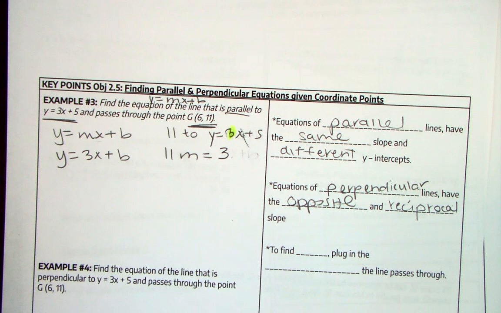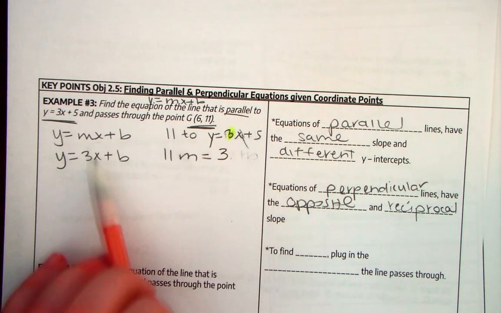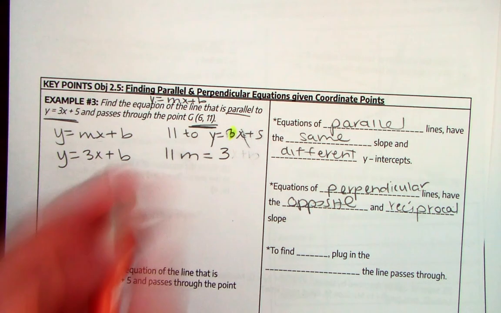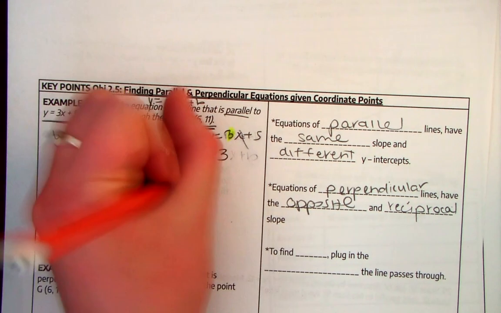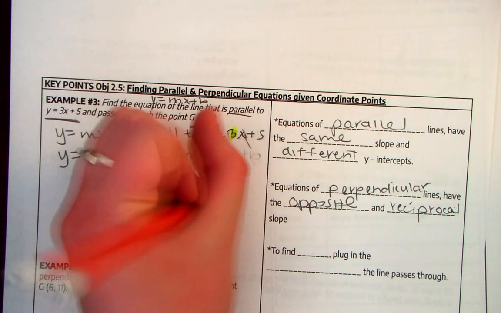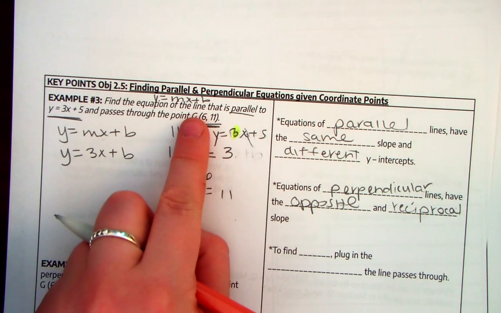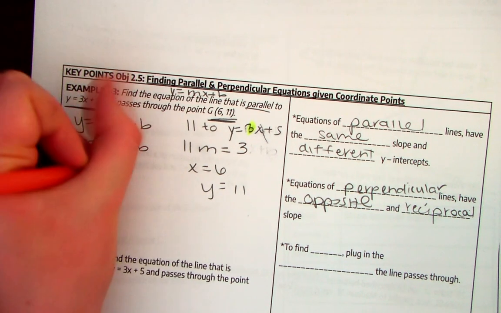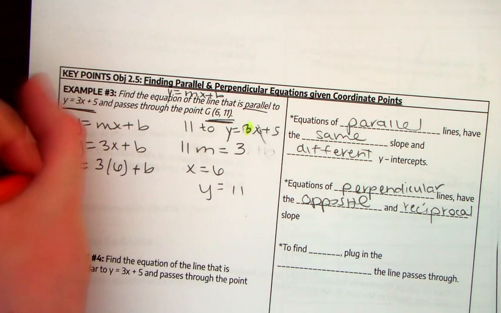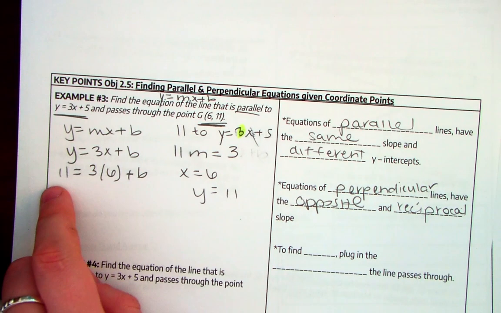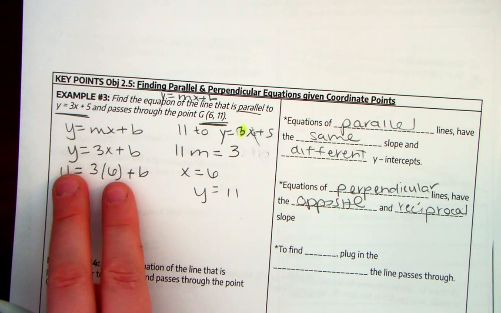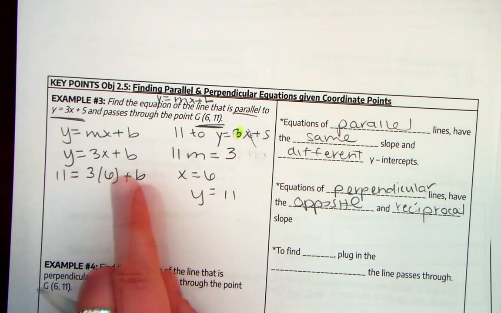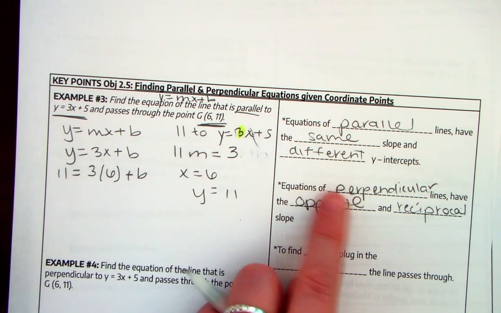I'm going to show you how to do it without having to graph, though. Without graphing, look, I want this line to pass through (6, 11). That means 6 and 11 are coordinates on this line. So for this line, x equals 6 and y equals 11. When I plug those in, that allows me to solve for the y-intercept, which will have to be some number that's different.